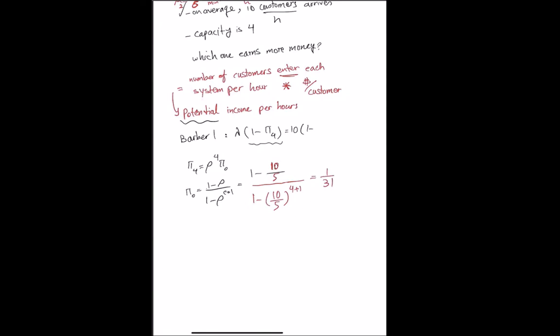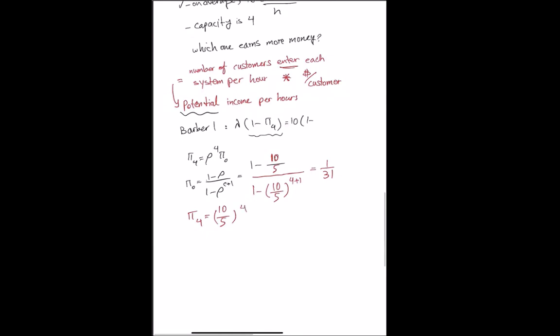And then pi 4 is going to be rho, which is 10 over 5, to the power of 4, multiplied by pi 0, which is 1 over 31. That's going to be 16 over 31.